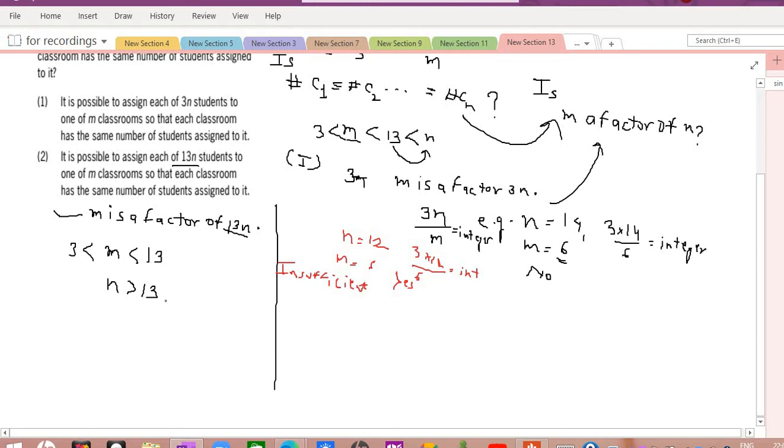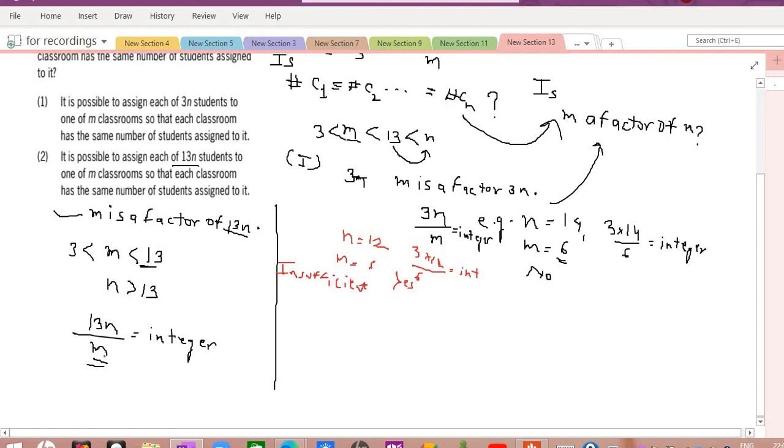Can you conclude something? Can I translate it like this: 13n divided by m is an integer. And also because 13 is a prime number, m can never be 13 or a multiple of 13.